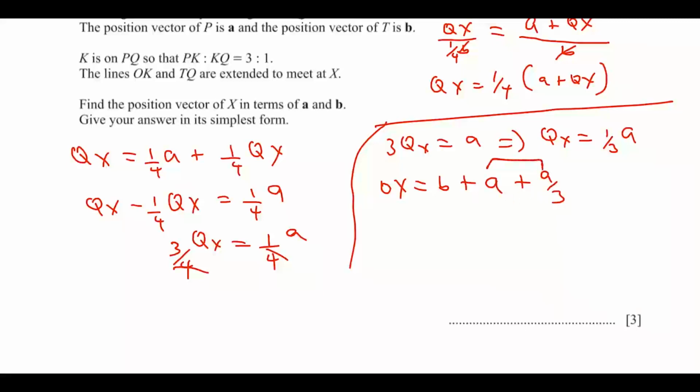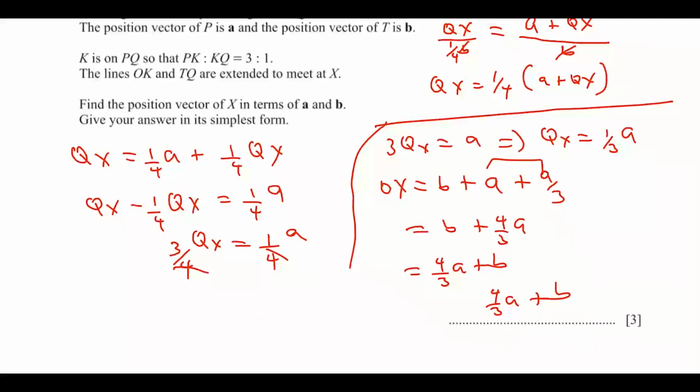If you add these together, that will give you B plus 4 over 3A, which you can rewrite as 4 over 3A plus B. So that will be the final answer, 4 over 3A plus B.